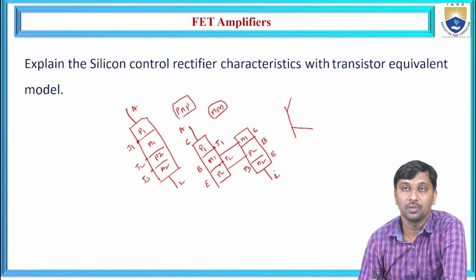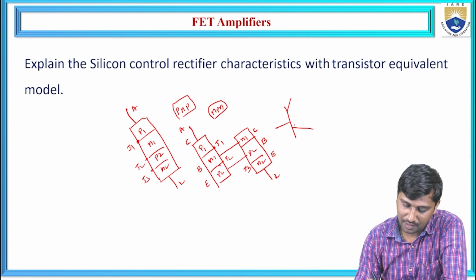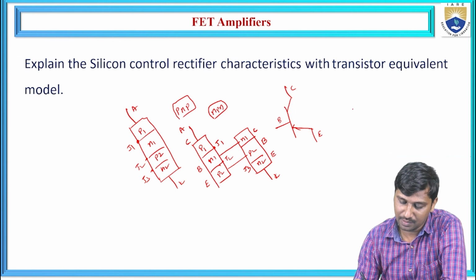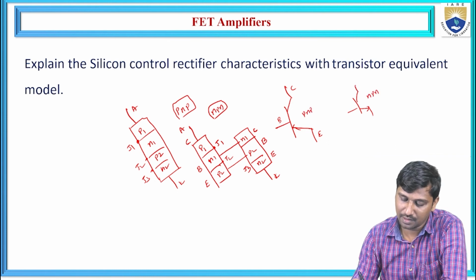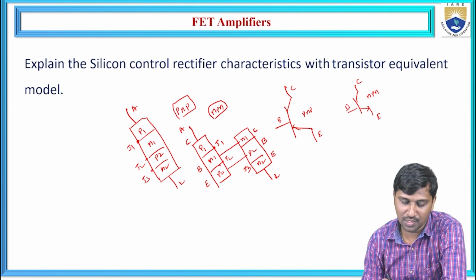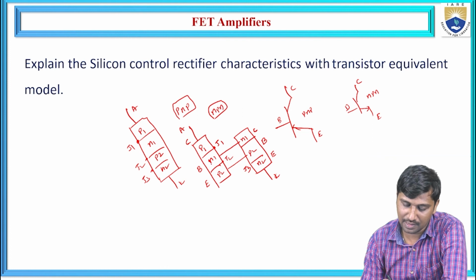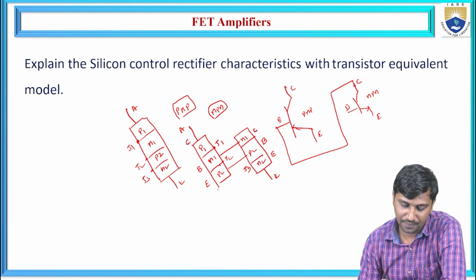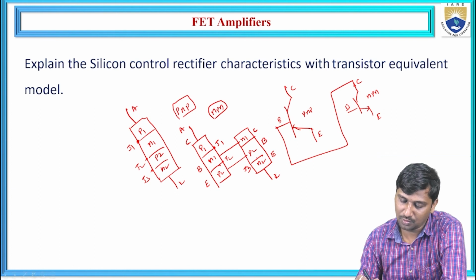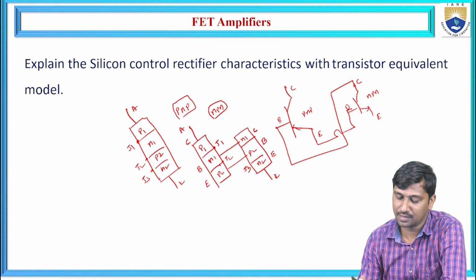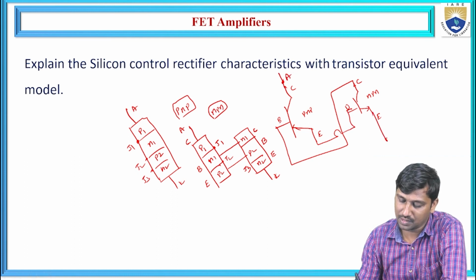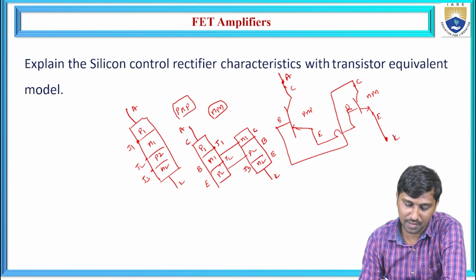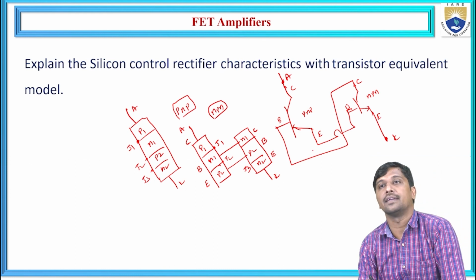This emitter is connected to the cathode. For the PNP, the base is connected to the collector of the NPN, and similarly the emitter of the PNP transistor is connected to the anode and the emitter of the NPN is connected to the cathode. The interconnection near J2 is connected to the gate terminal.